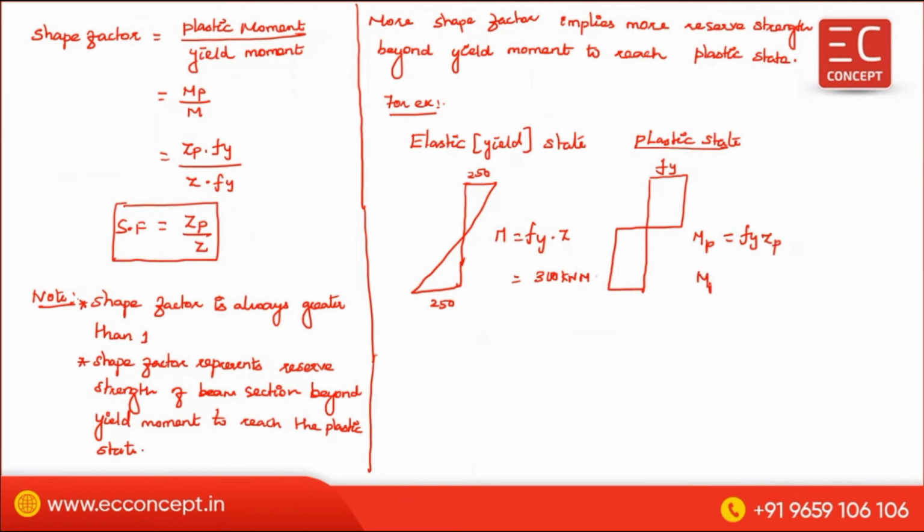For example, let us consider MP is 500. Now what is the shape factor? Shape factor is equal to 500 divided by 300, which is 5 divided by 3, so it is always greater than 1. This value is 1.67.